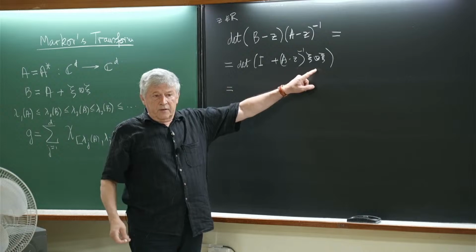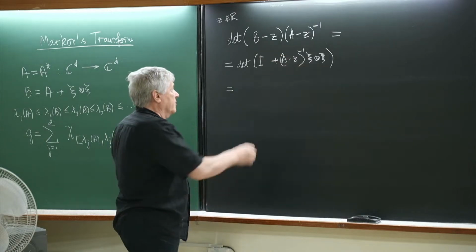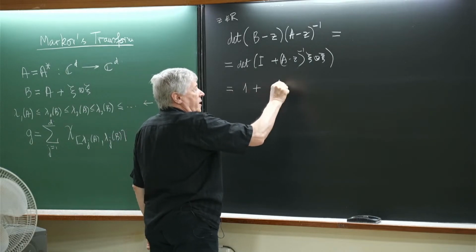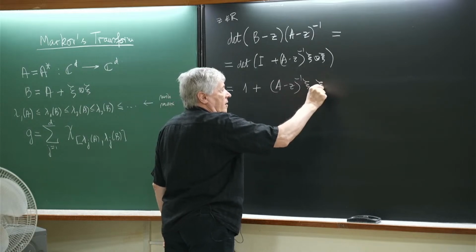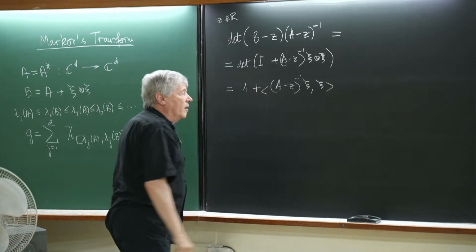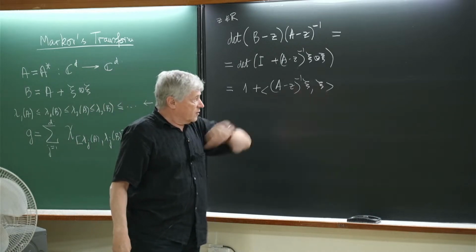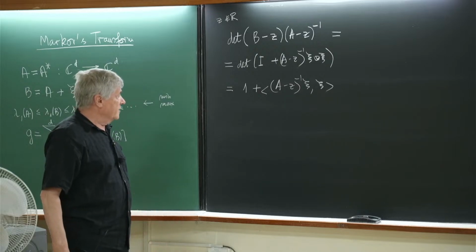Now, this affects only one row, so we can compute the determinant exactly: it is 1 plus (A minus Z) inverse evaluated at the respective vector times itself. Easy computation.